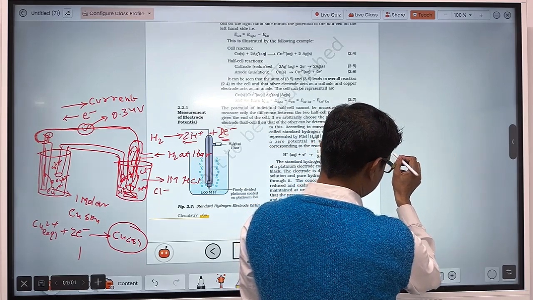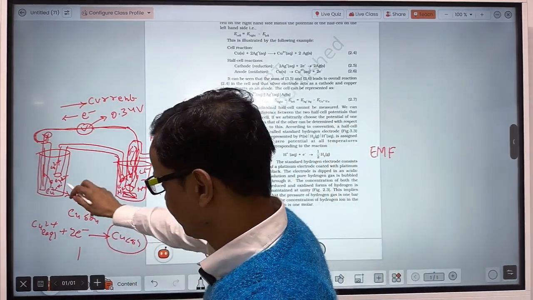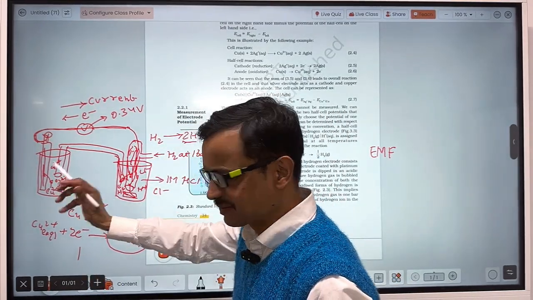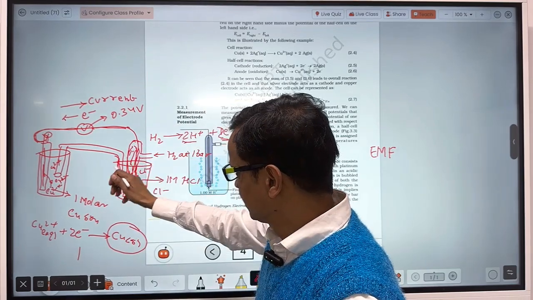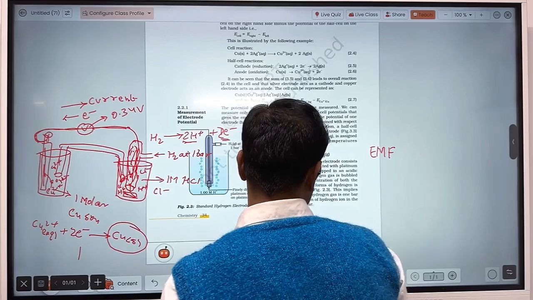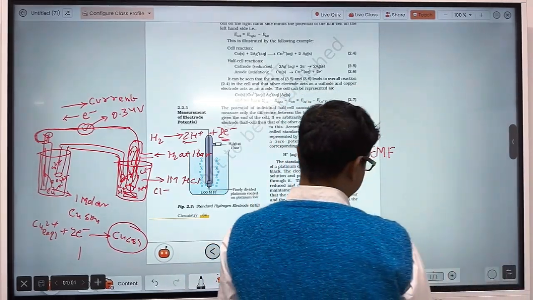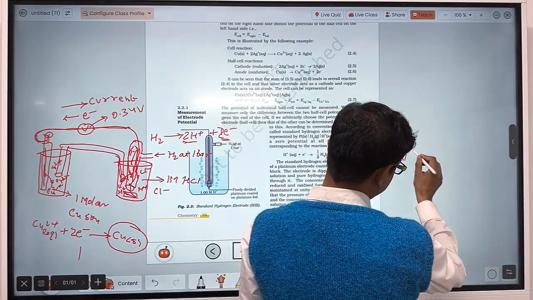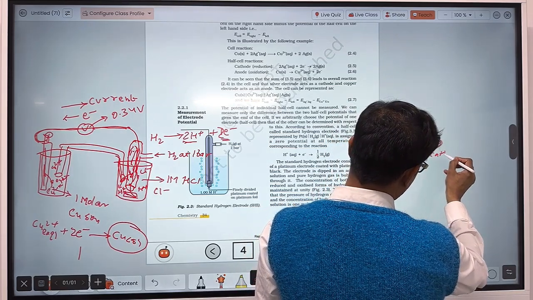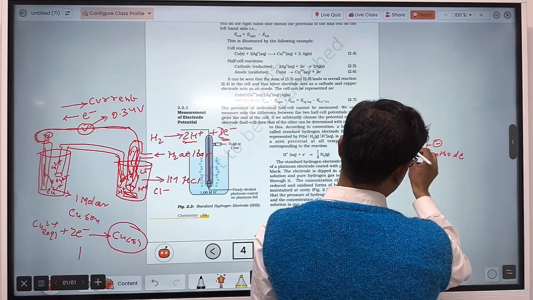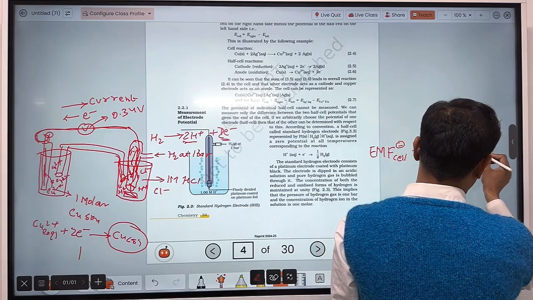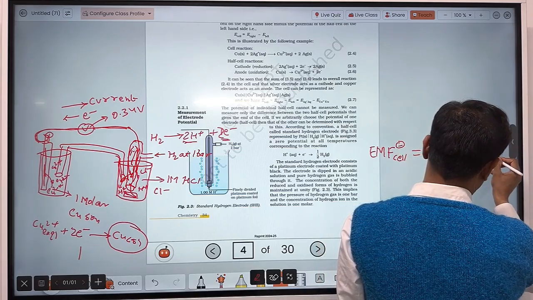It is a standard EMF because the concentration of CuSO4 is 1 molar and one of the electrodes is hydrogen. So the standard EMF of the cell will be equal to the standard electrode potential of cathode minus the standard electrode potential of anode.